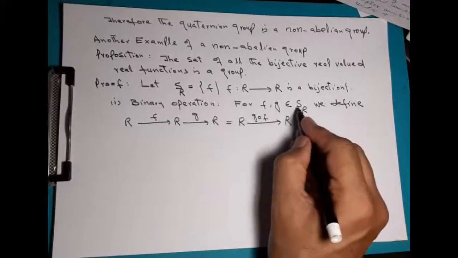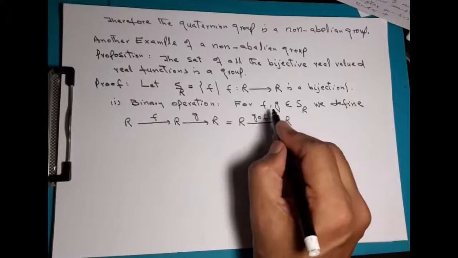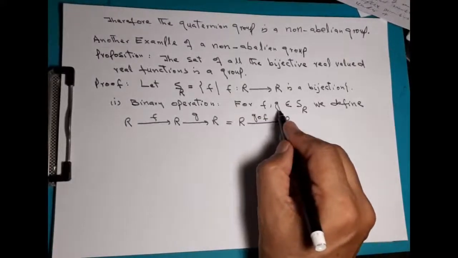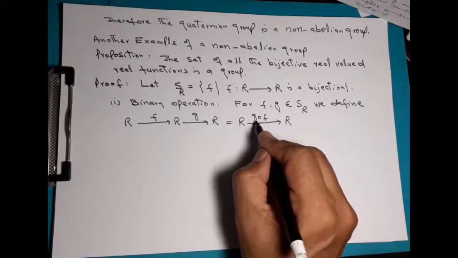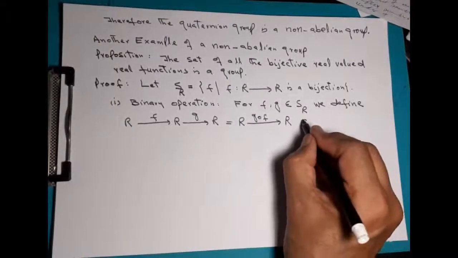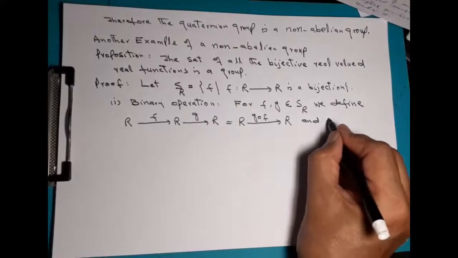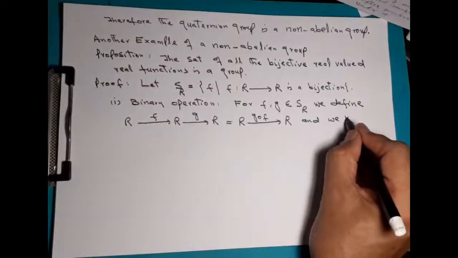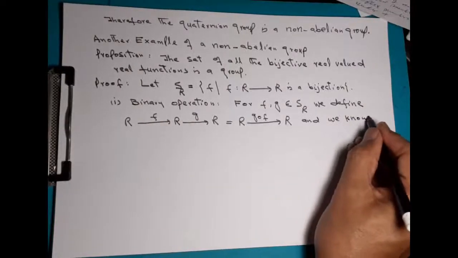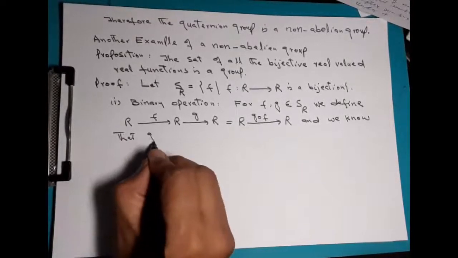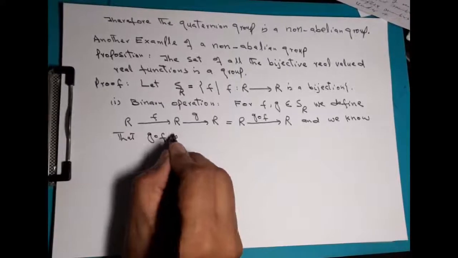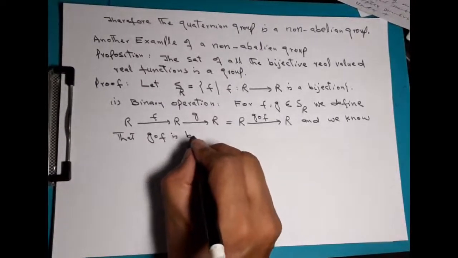So anyway, for any two real valued real functions f and g, we define their composition, and we know that g circle f is a bijection as well.